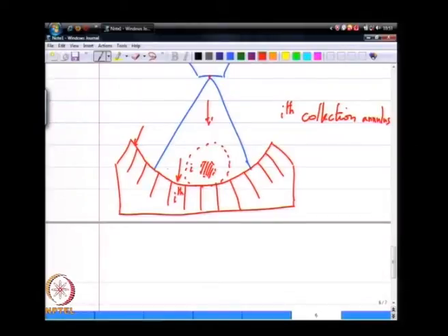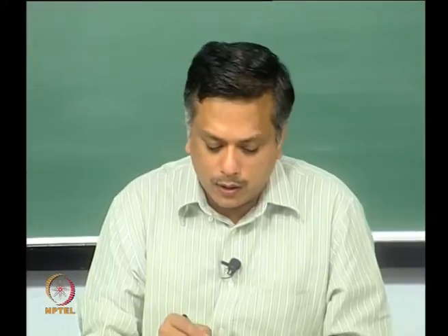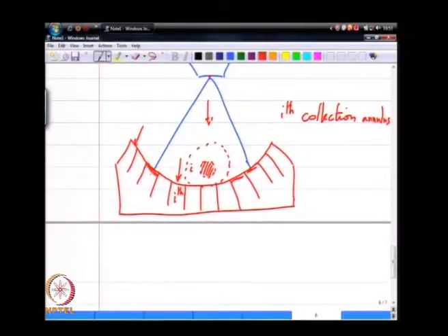Now, the advantage of this is that each of these collection annuli is at the same distance from the spray nozzle. So, you are likely to collect, so essentially the cross sectional area of this annulus that is facing the nozzle is exactly the same as the geometric area.